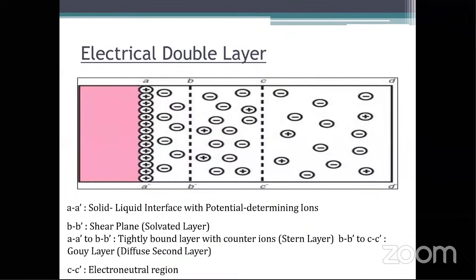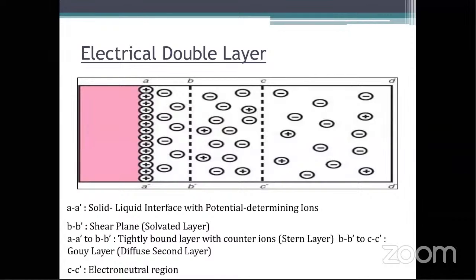Now, another term that is used for anions: anions are also termed as counter ion or gegenions. What I told? Cations are known as potential determining ion that are adsorbed at the interface.